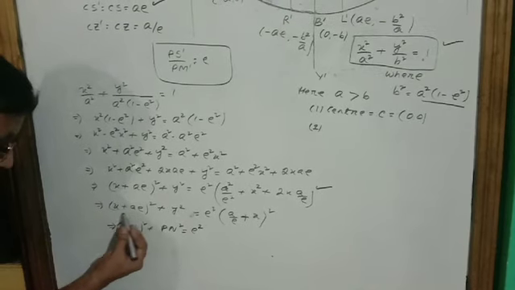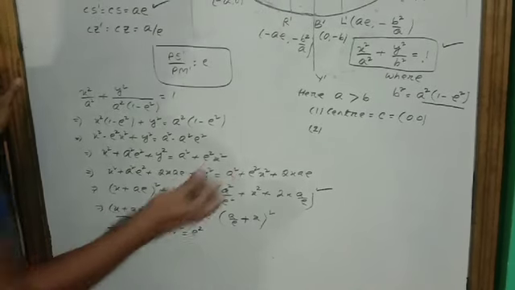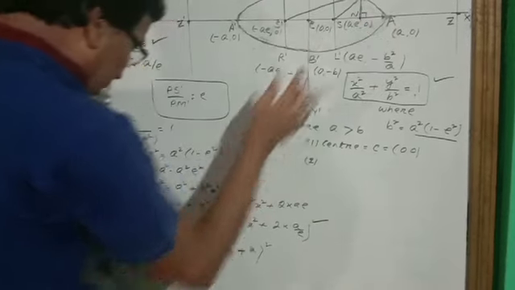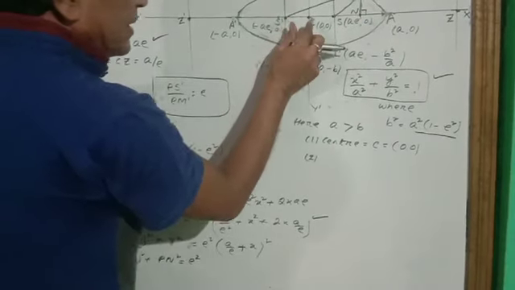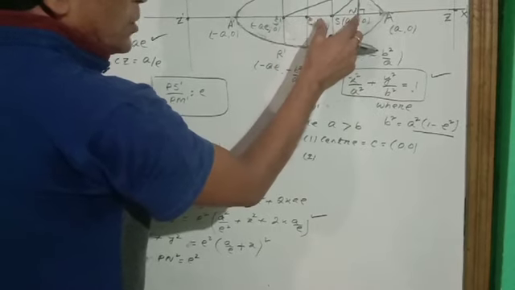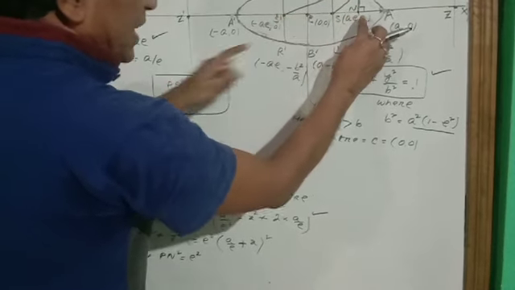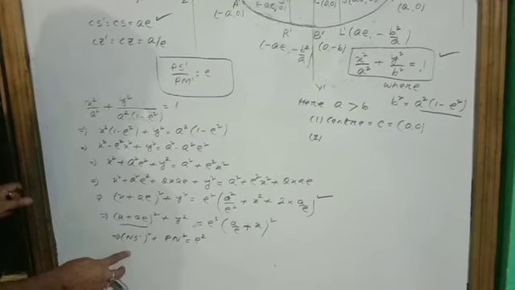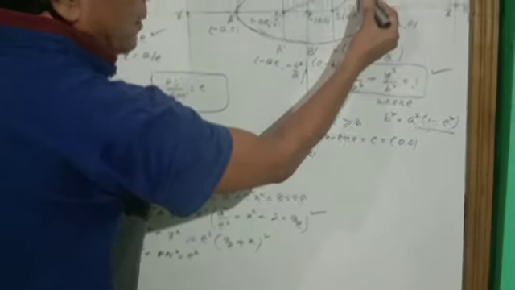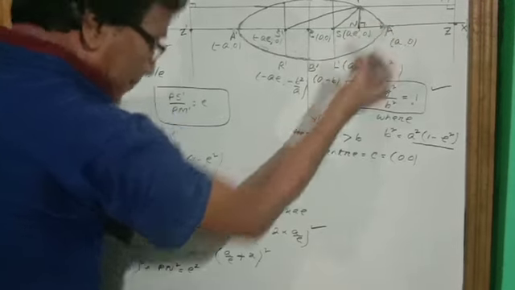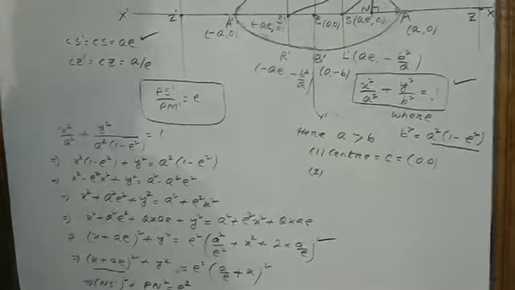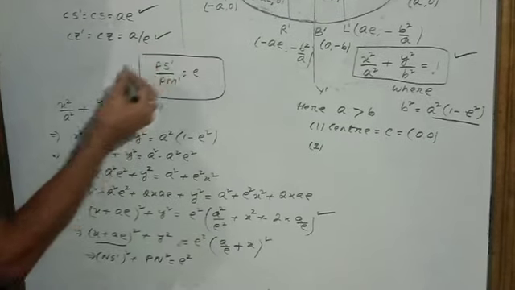Now x plus ae whole square, which distance is x? Cn is equal to x. And what is ae? ae is CS dash. So Cn plus CS dash, that is equal to NS dash. NS dash square plus y square, y square means it is PN square, is equal to e square whole into a by e plus x. Which distance is a by e?